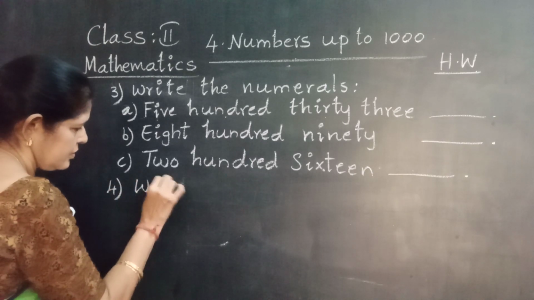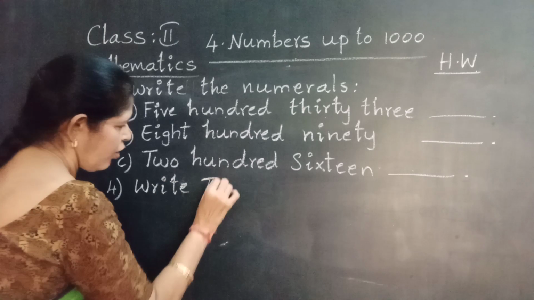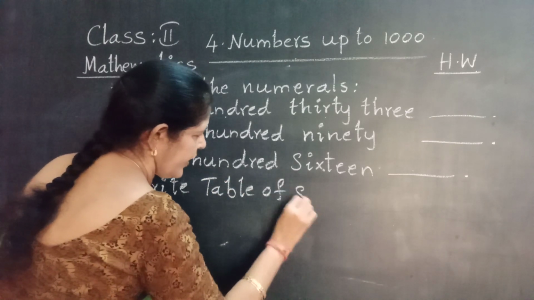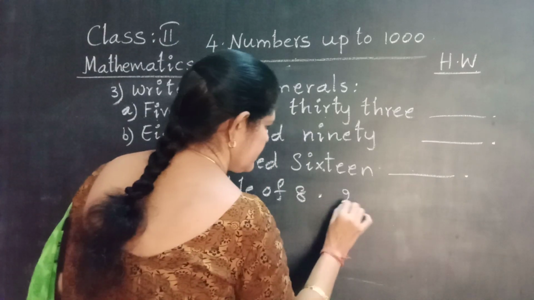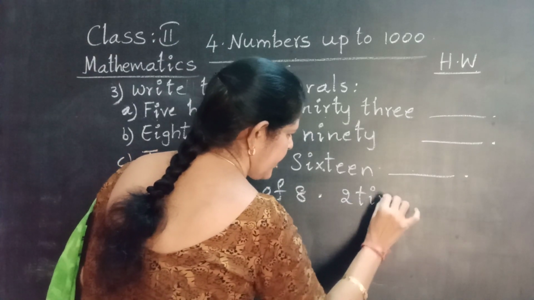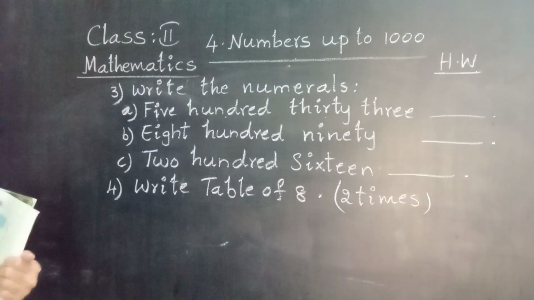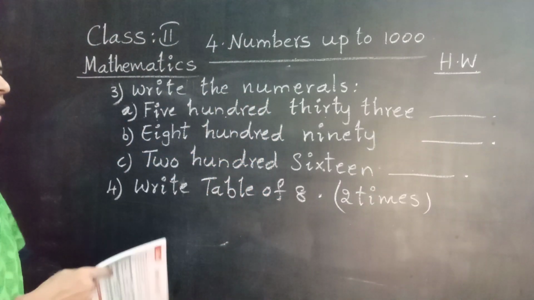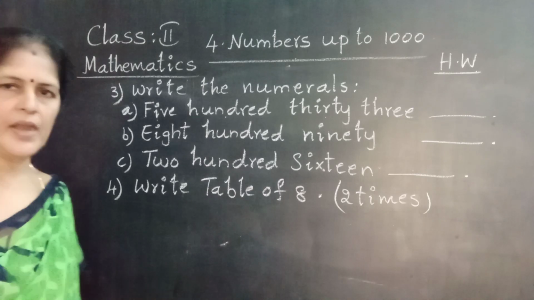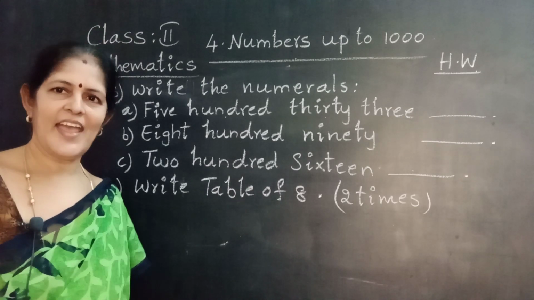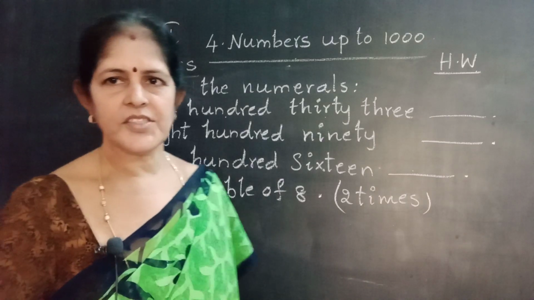Write table of 8, 2 times. You write the homework and send it to my WhatsApp number. Okay, I will check your homework. Take care. Thank you very much. Bye.